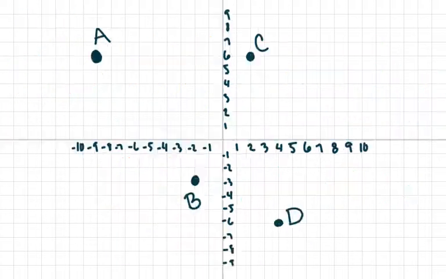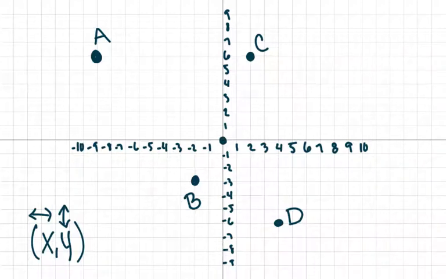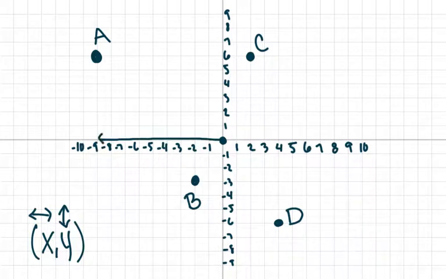So let's go ahead and practice this. I have plotted some points for us. I want us to write the coordinates of these points. Remember, the way that we write our coordinates is x, comma, y. So x is left or right. Y is up and down. So for point A here, I am going to start at the origin, 0, 0, and I'm going to travel over 9 to the left.